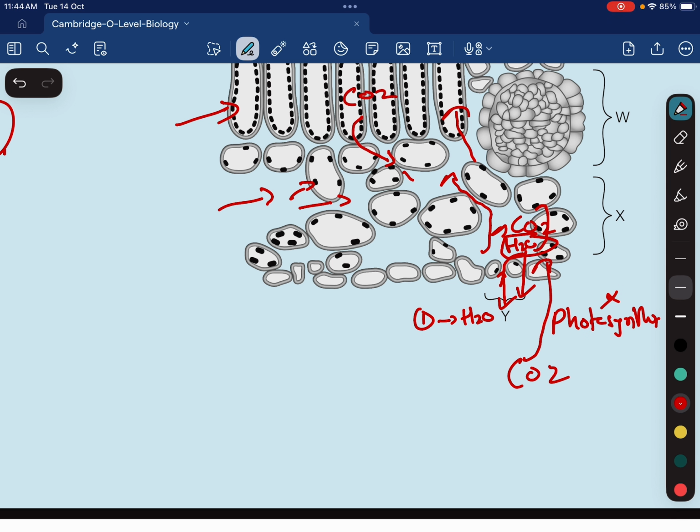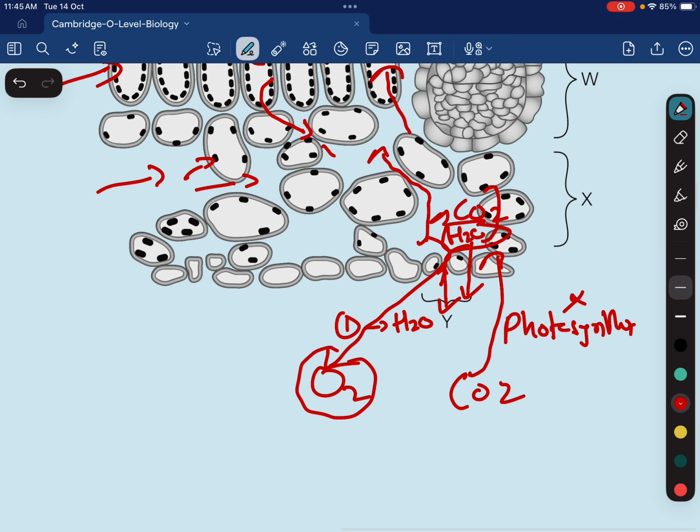Number two, the oxygen which had to exit the cell is also unable to exit the cell. But one thing you need to know is that this same oxygen is required for the plant at the time of respiration.